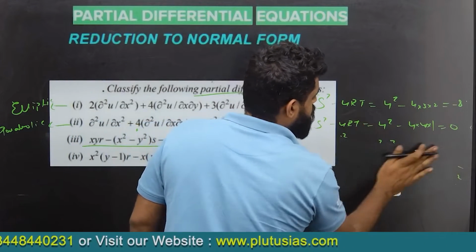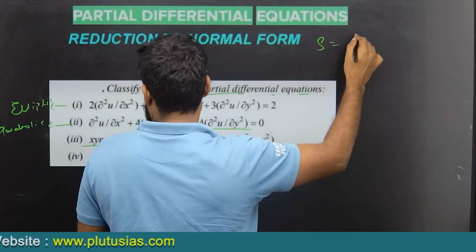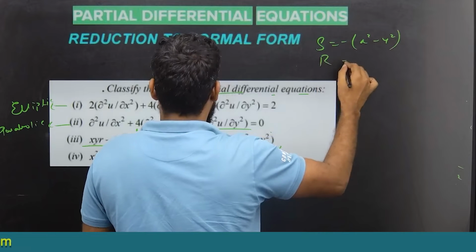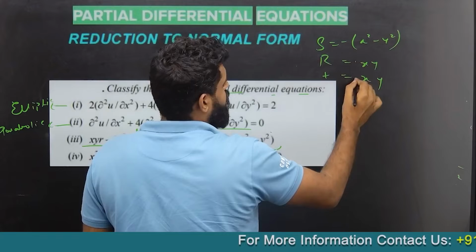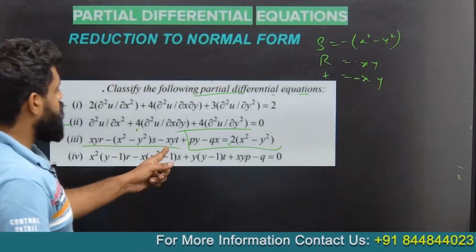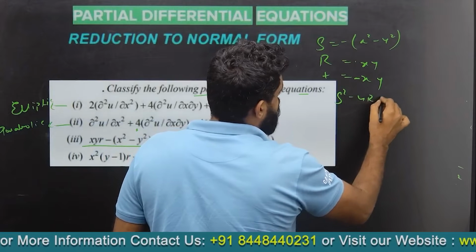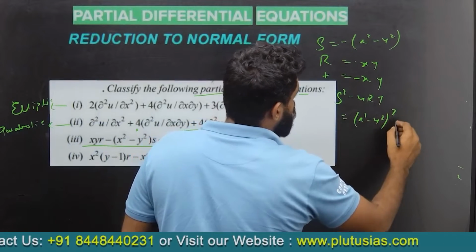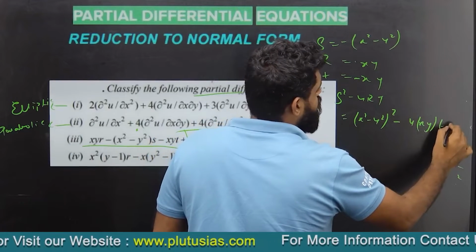I think there was confusion here, so again we'll do it. Here s is minus of x square minus y square, r is xy and t is minus xy. So s square minus 4rt would be x square minus y square whole square minus 4 times xy into minus xy.